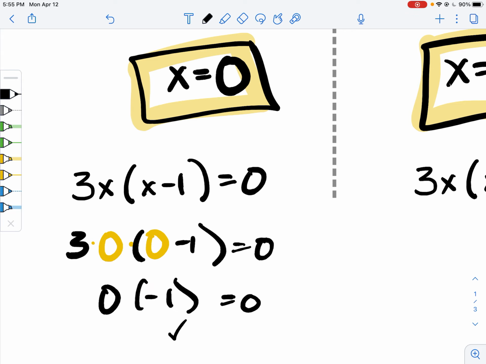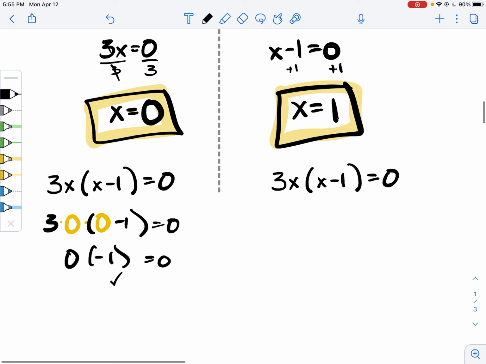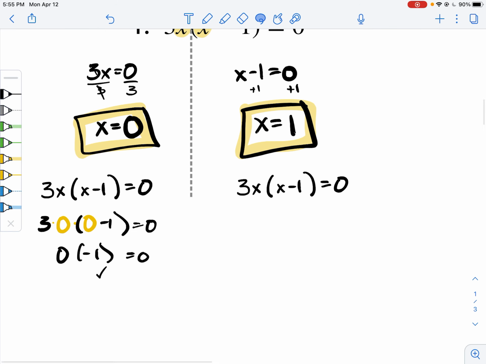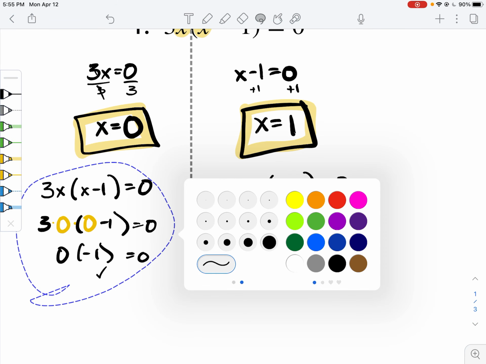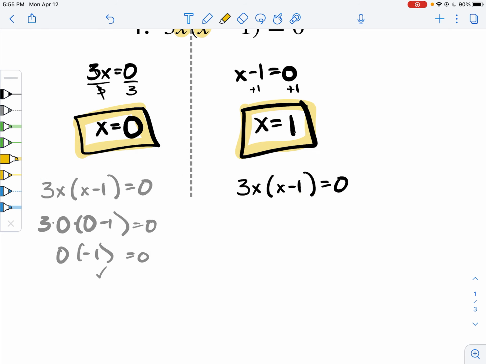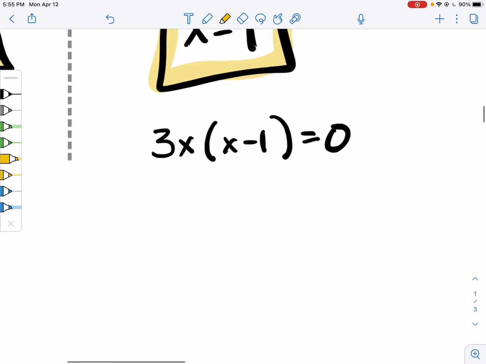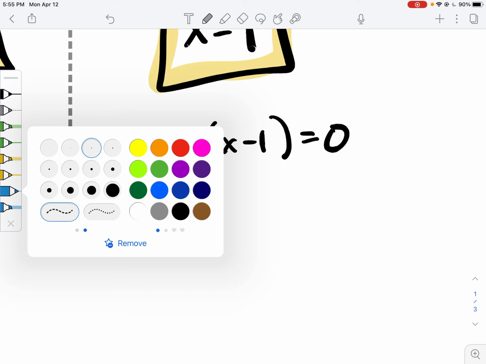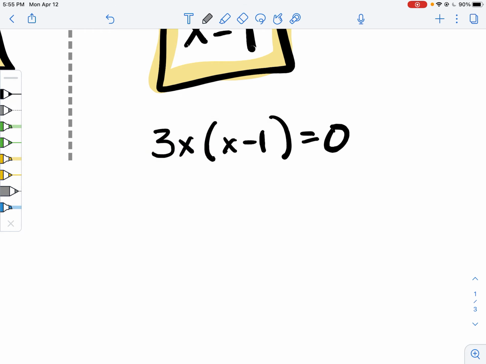So, yeah, that's true. Oh, I was supposed to make that gray because we're checking our work. Man, look at me go. Bink, bink, bink, bink, done. Okay, yeah, that's true. Oh, yeah, we're checking our work. This is great.